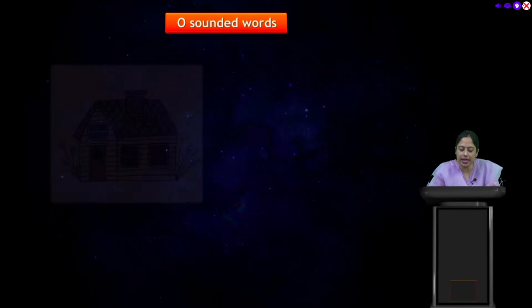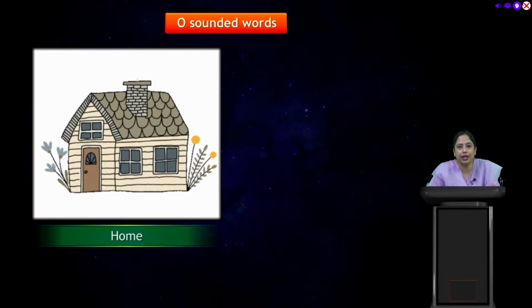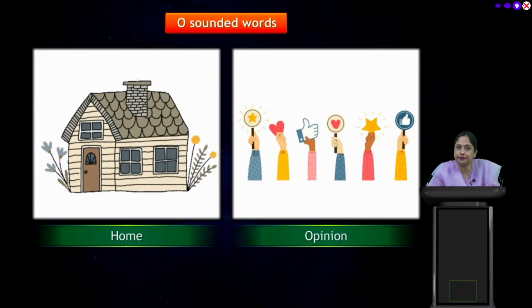Let us once again redo all the sounds. Yes. Sometimes we have the longer O sound, as in home. Oh, it is the longer O sound. Sometimes we say opinion. We don't say opinion, we say opinion. It is the longer O sound.